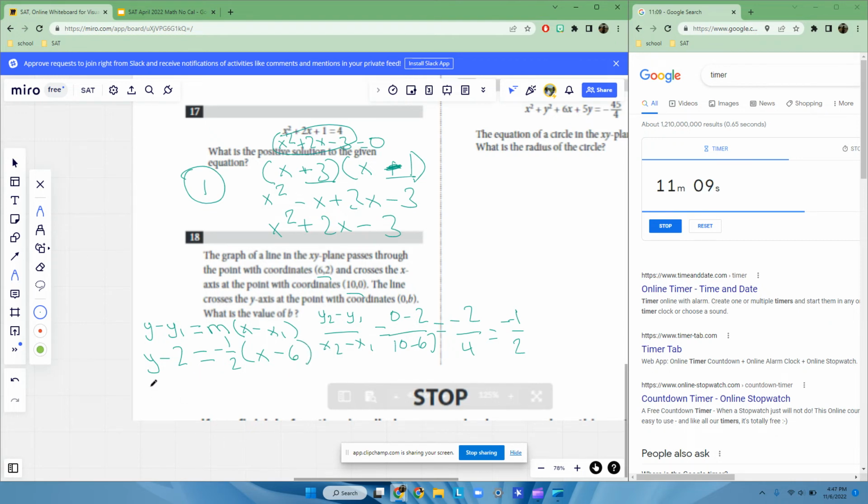So y minus 2 is equal to negative half x plus 3. Now you're just going to take the 2 to the other side. y is equal to negative half x plus 5. So b is equal to 5, and that's our answer.